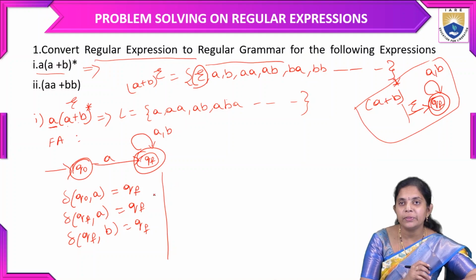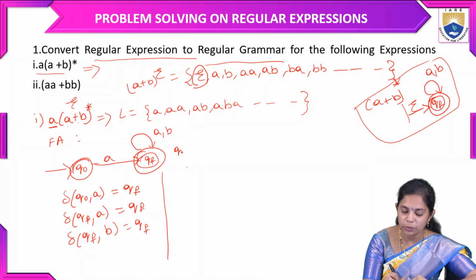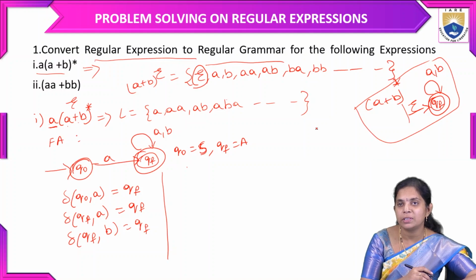So here one thing we need to observe, we have the condition. Whatever q naught is, I am writing the terminal, like S comma qf is equal to a. Why? Because every grammar starts with the capital letter S, the start symbol. So S tends to aA.